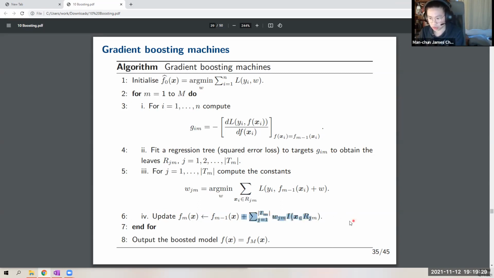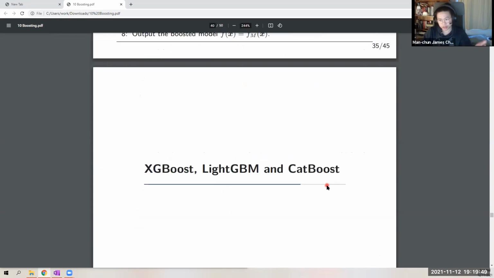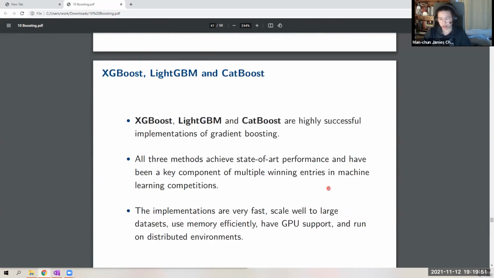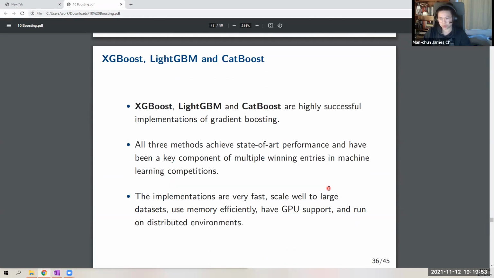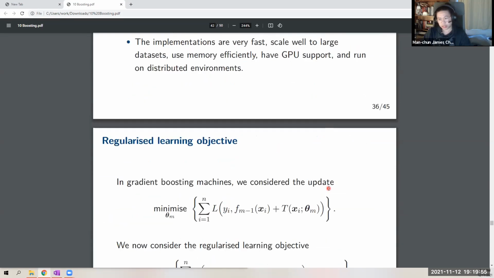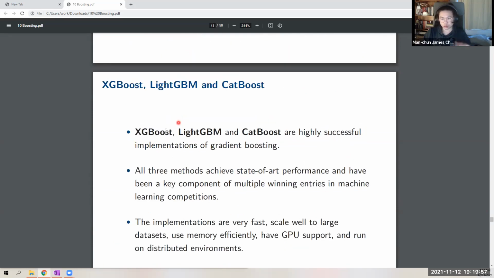This should be a minus, because we're modeling the negative gradients. But essentially, all you're doing is taking your time n-1 and subtracting the gradient, which is just what you're modeling here. Just exactly like linear gradient descent. So that's gradient boosting.